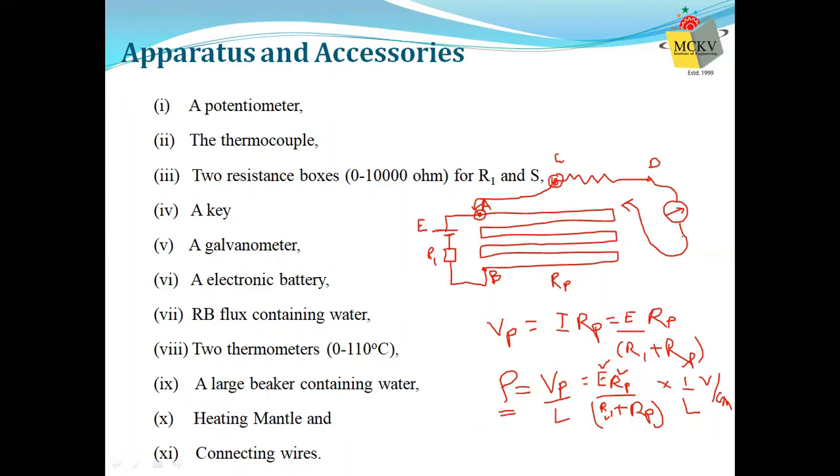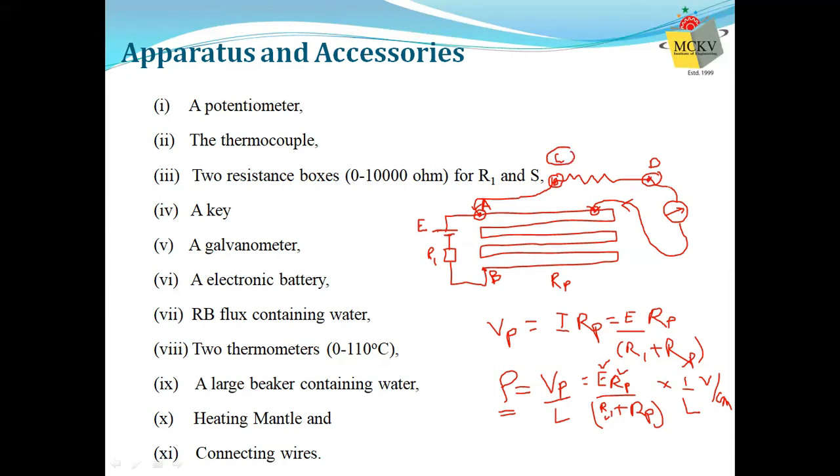So now let us say I put my jockey at this point of the potentiometer wire. And so this point of the potentiometer wire and the point D, now they are at the same potential. If they are at the same potential, then there will be no current flowing through the galvanometer. So D, A and C are always at the same potential because they are connected.